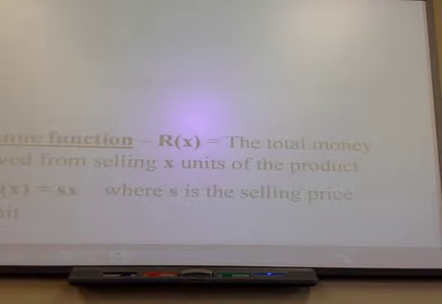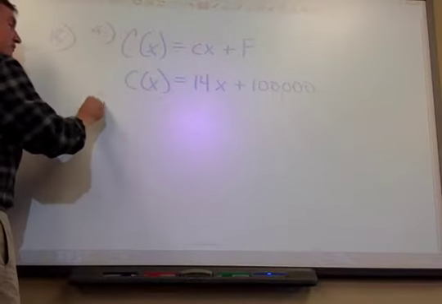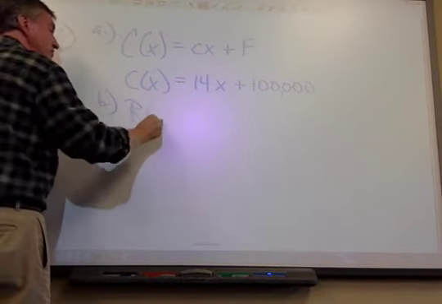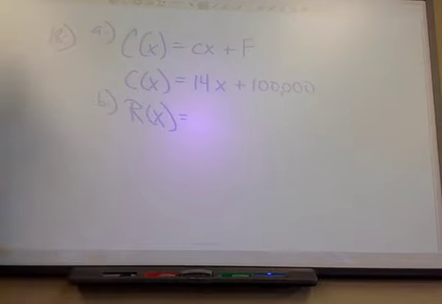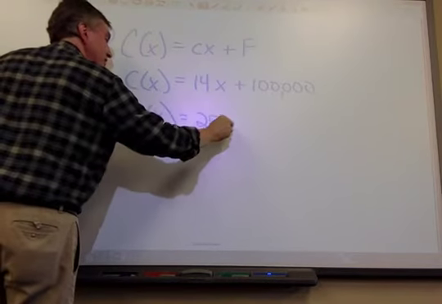So a very simple equation: selling price times number of units. They tell me at the end of that statement the product sells for $20 a unit. So what's R of X? 20x.